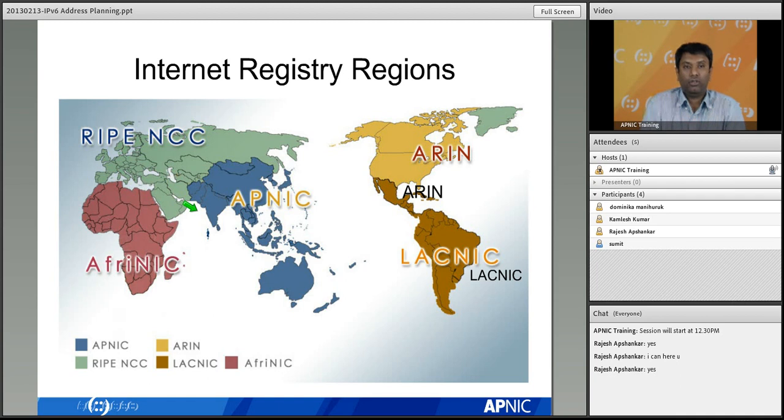And also, as I said in the previous slide, we have LACNIC, they work on Latin America in here. We have ARIN, they work in the American internet in here. Then we have RIPE NCC, they look after Europe in here. This is the European internet, and then we have AFRINIC for the African internet in here.